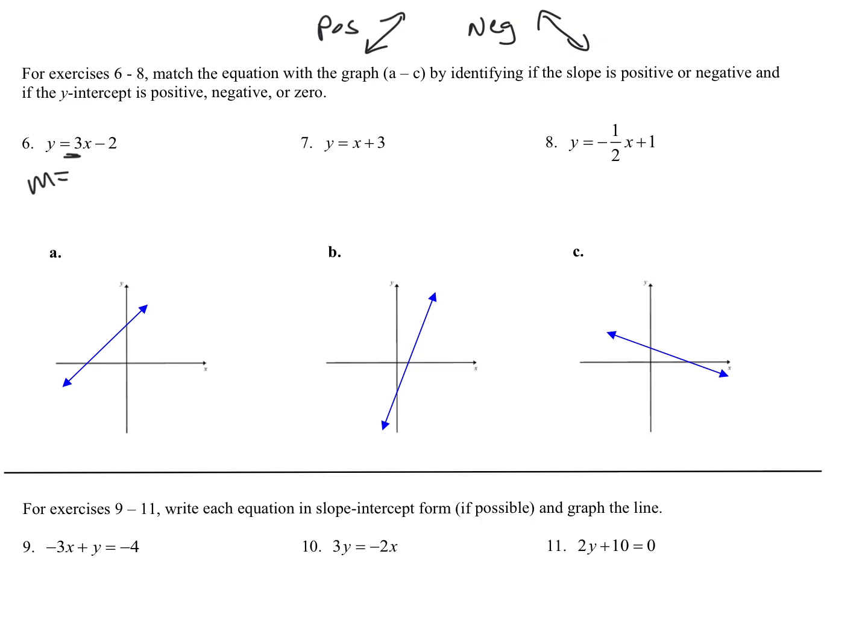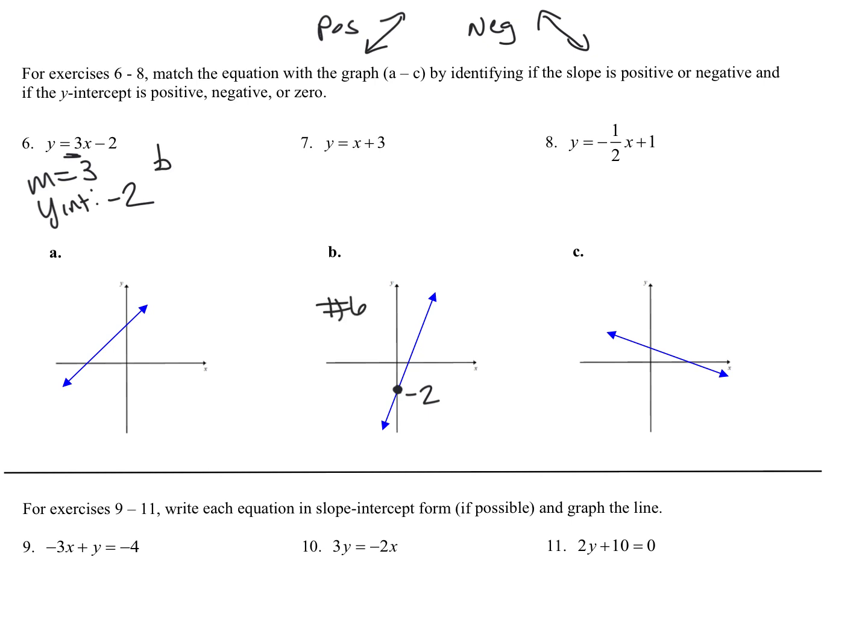So our slope is 3, and our y-intercept is negative 2. So I'm looking for a y-intercept of negative 2, which kind of narrows it down. This is about at negative 2, and you can see the other two graphs don't even have that. And then it is a positive slope. So 6 is B, so this would be number 6.